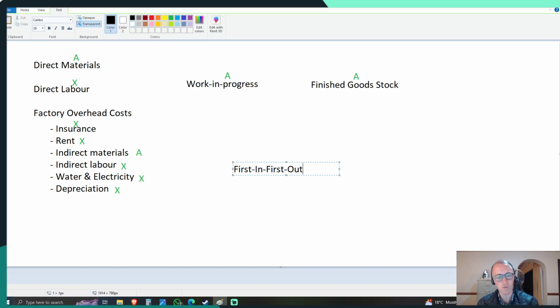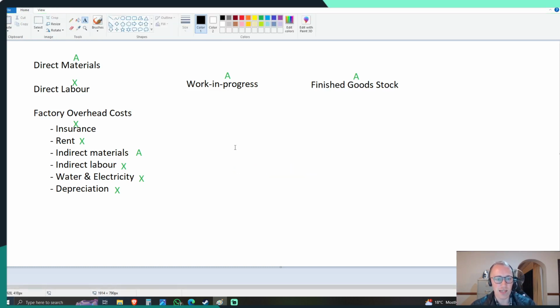First in, first out. Therefore, because of first in, first out, whatever goods we started, or whatever asset we start the year with, we use first. And so we can assume that included in the work in progress amount that we produce is the opening stock for the direct materials.